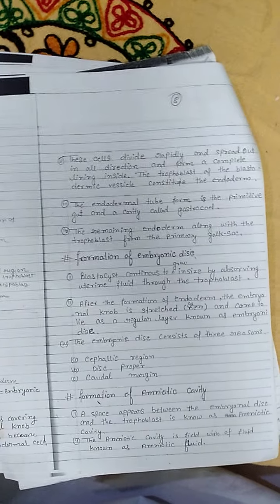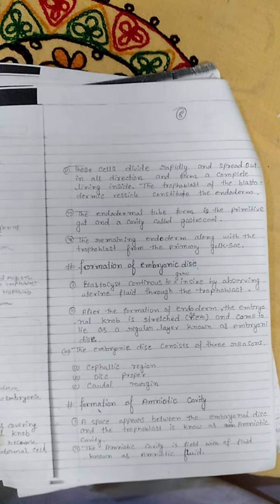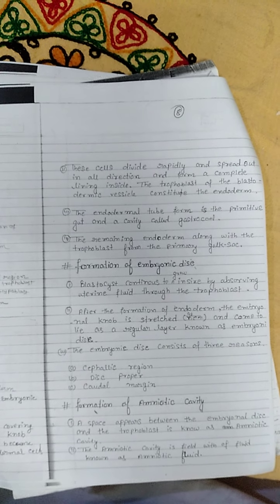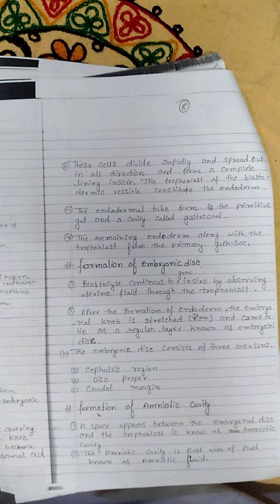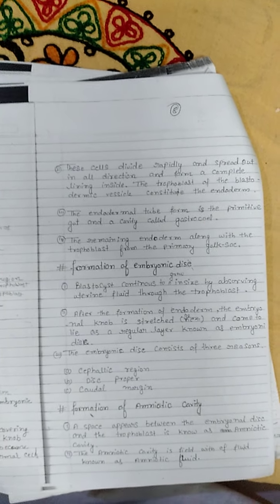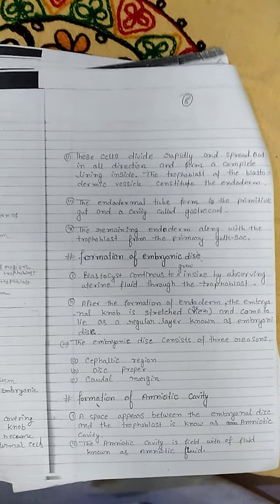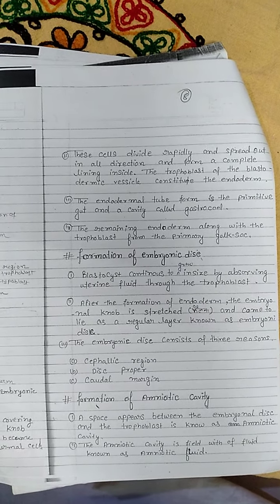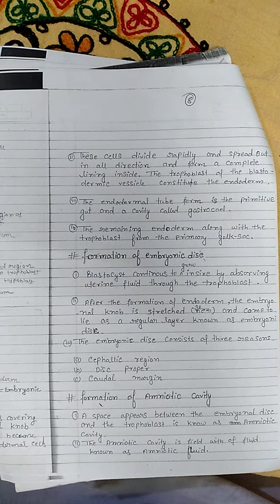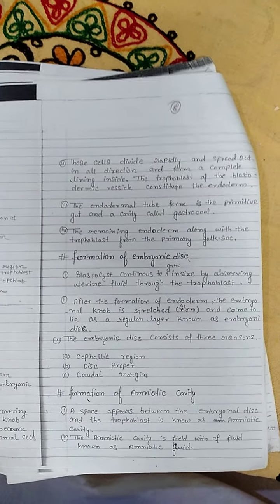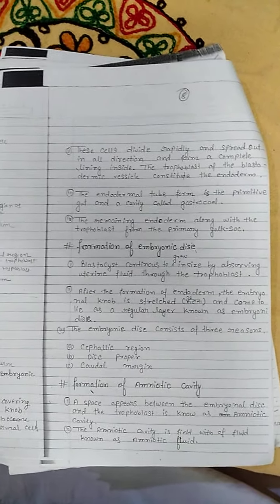These cells divide rapidly and spread out in all directions and form the complete lining inside the trophoblast of the blastodermal vesicle, constituting the endoderm. The endodermal tube forms the primary gut and a cavity is formed that is known as the gastrocoele. The remaining endoderm along with the trophoblast forms the primary yolk sac.